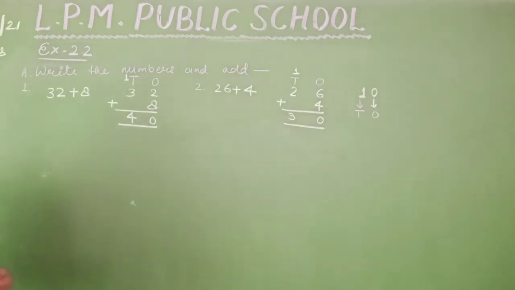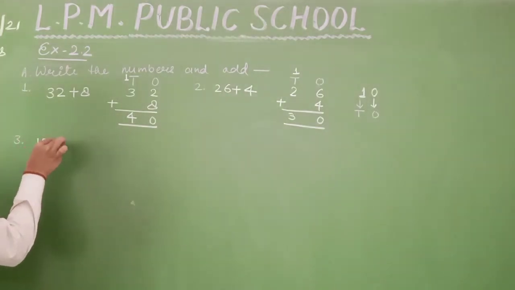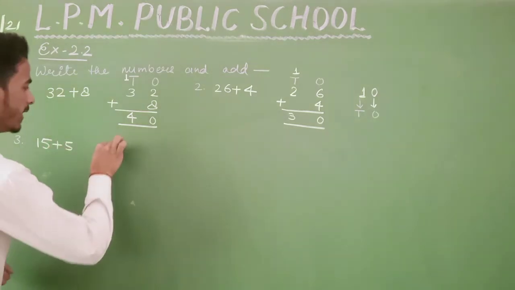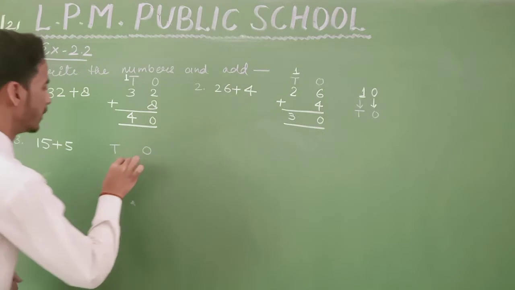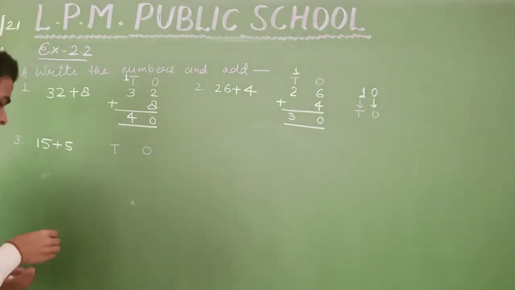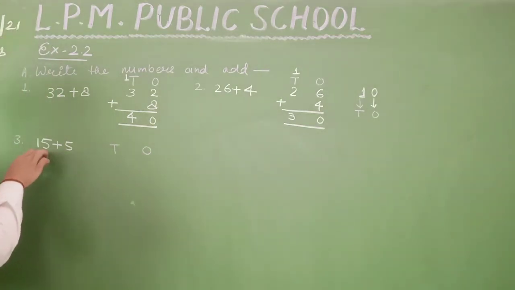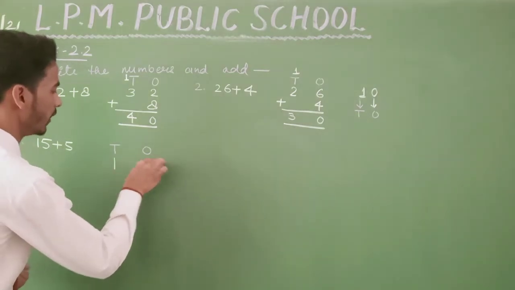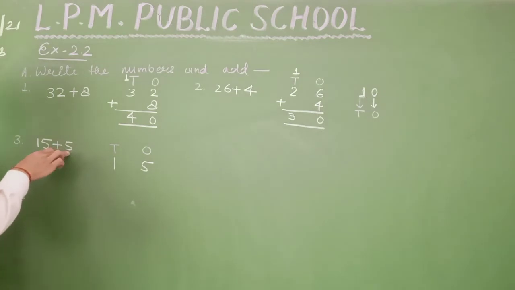The next question, question number third, is 15 plus 5. We arrange it in tens and ones columns. In 15, 5 is on ones place and 1 is on tens place, and 5 is ones.